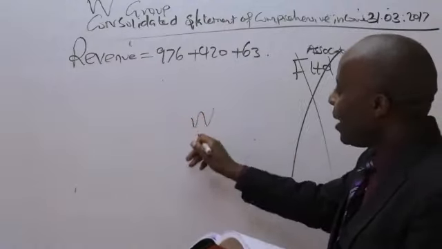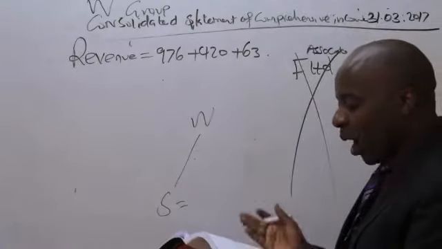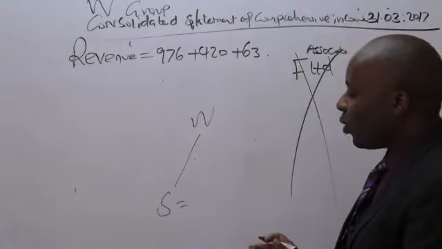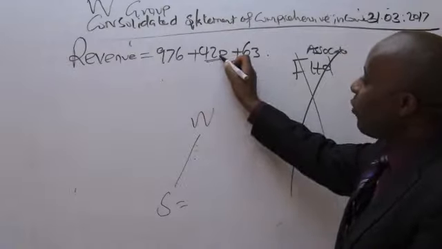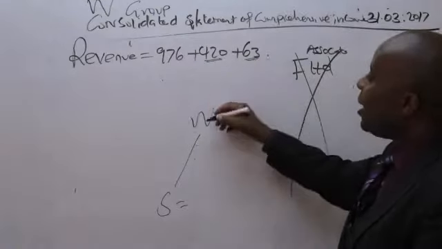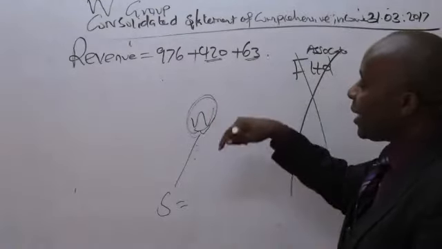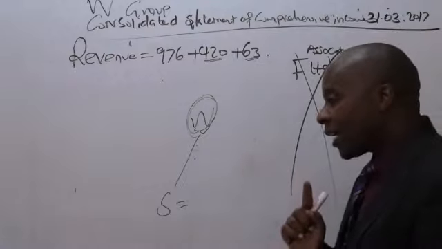This W Limited acquired S Limited 1 year ago, and that is why we are not doing time proration of the figures of S. And it acquired F Limited at its incorporation date, meaning that it has been with F Limited for more than 1 year.